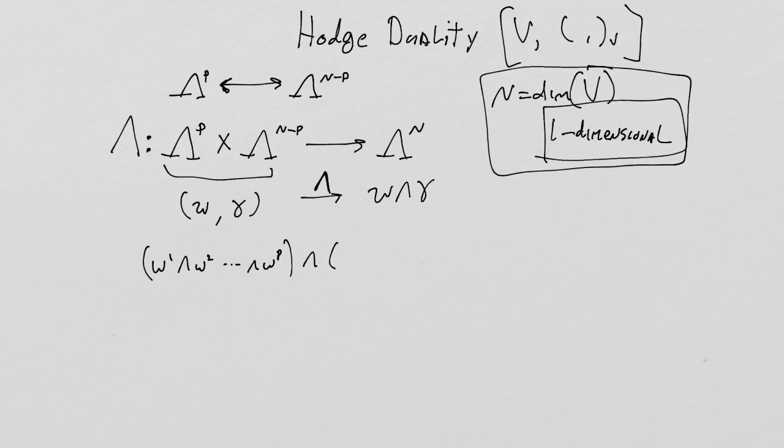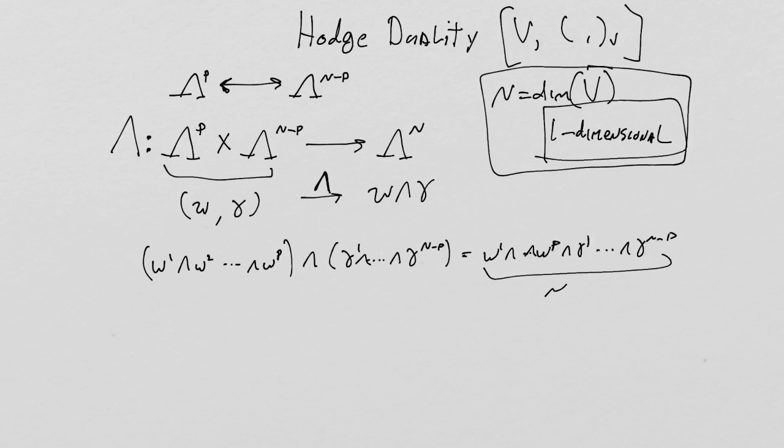You wedge that with gamma 1 dot dot dot wedge gamma n minus p. You're going to end up with omega 1 wedge dot dot dot omega p wedge gamma 1 dot dot dot wedge gamma n minus p, and this thing is going to be an n form. You can always do this.